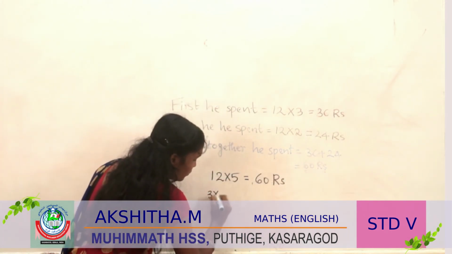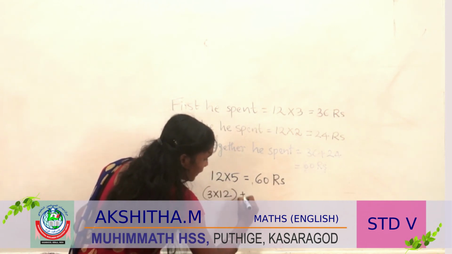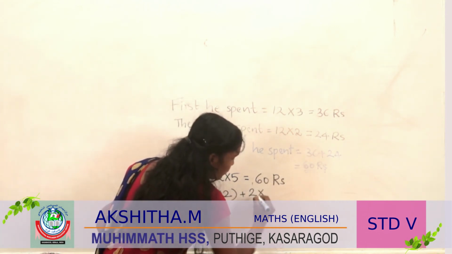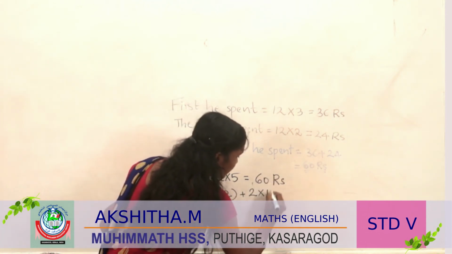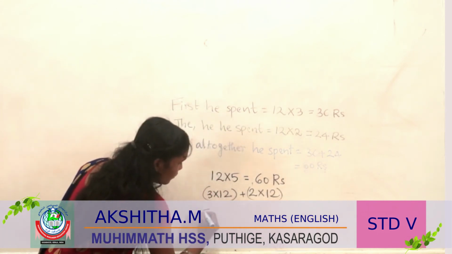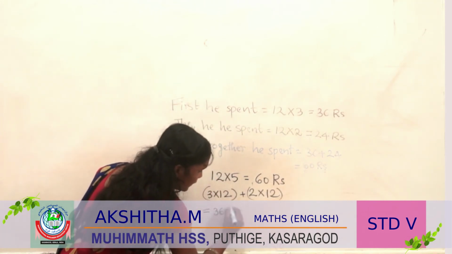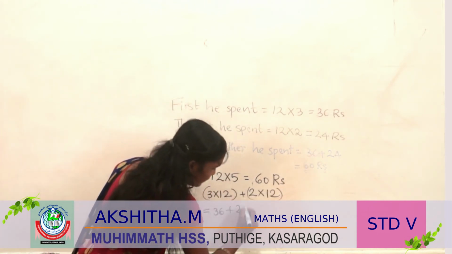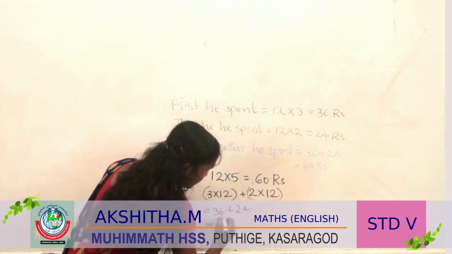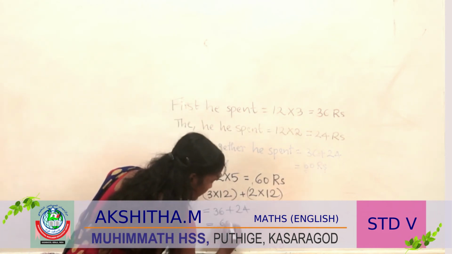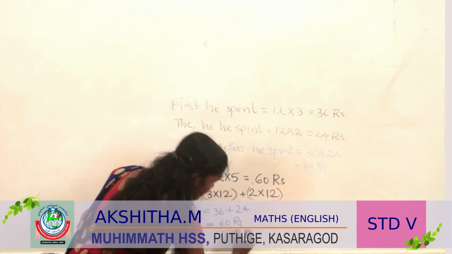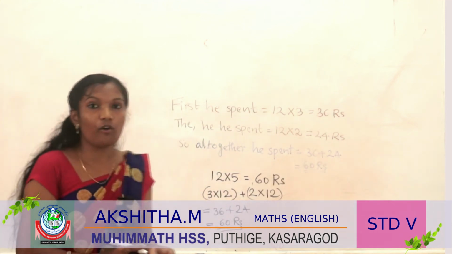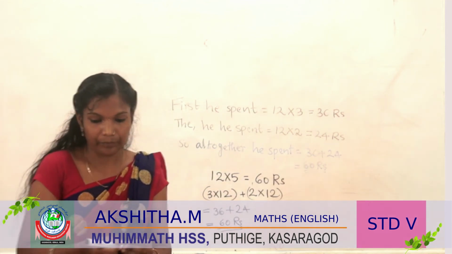So 3 into 12 plus 2 into 12 is equal to 36 plus 24. Answer 60 rupees. This is another way of finding the answer.